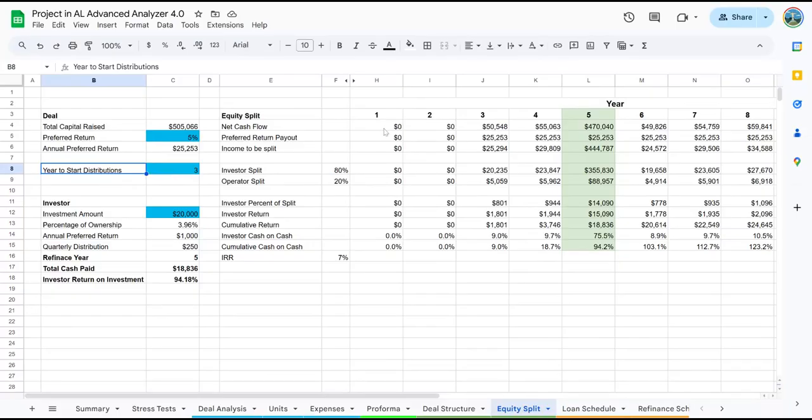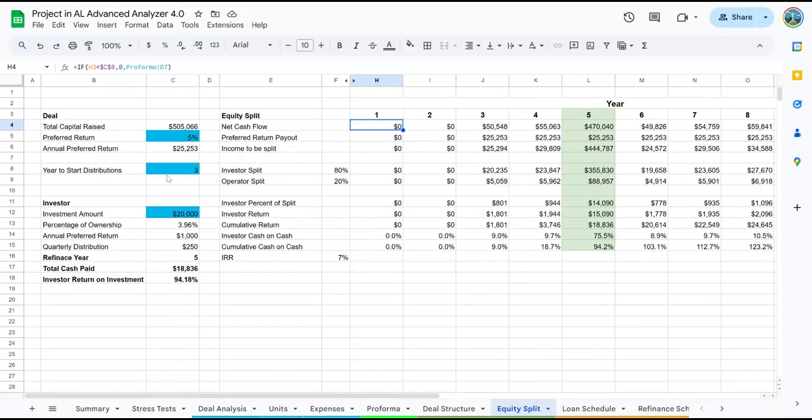Now, sometimes we don't want to start paying off the cash flow at the beginning because sometimes you're not making money, or you want to keep the capital in reserve just in case something goes wrong during the build out.